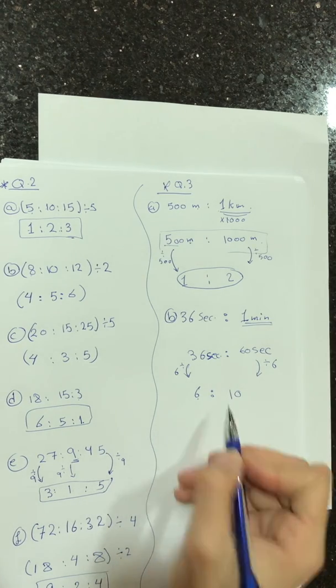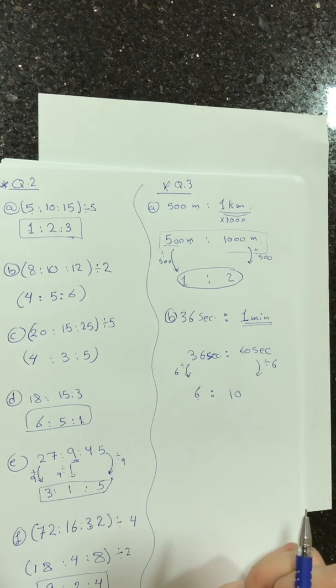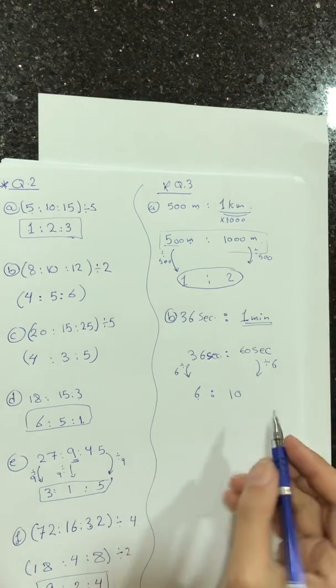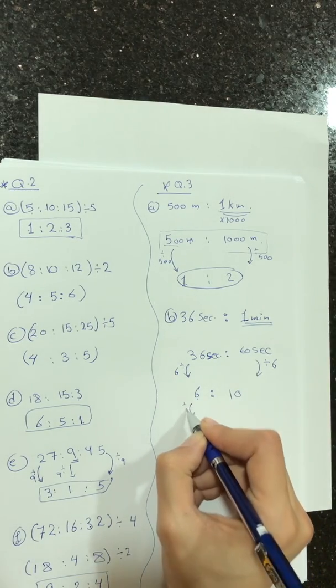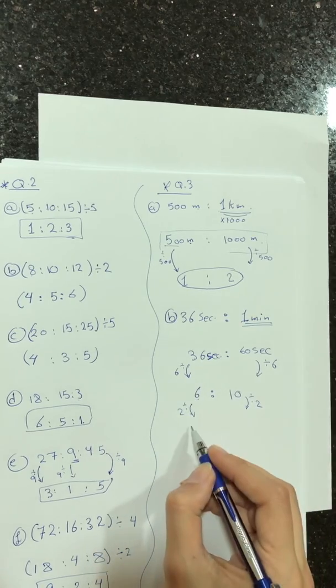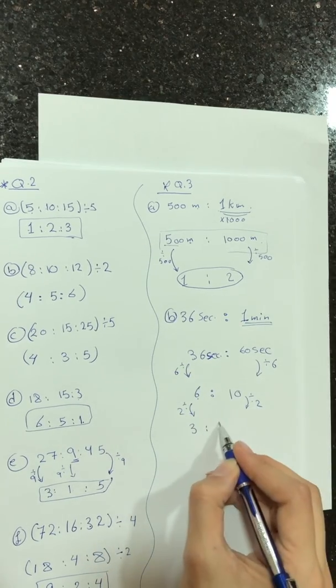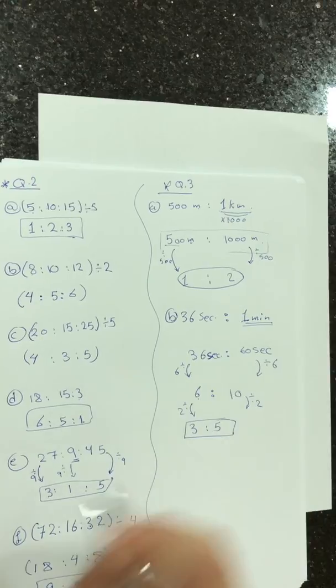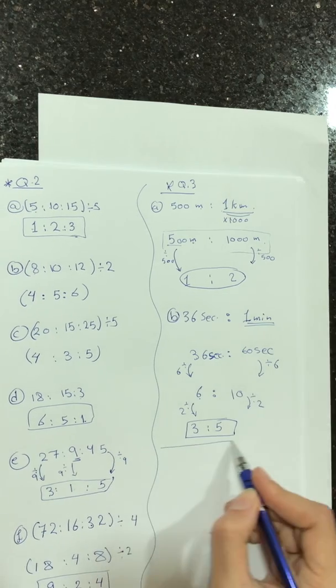Now, 6 to 10 is a smaller ratio, but it's not the simplest ratio because both numbers can be divided by 2. 6 divided by 2 is 3, and 10 divided by 2 is 5. This is the smallest and simplest form of this ratio.